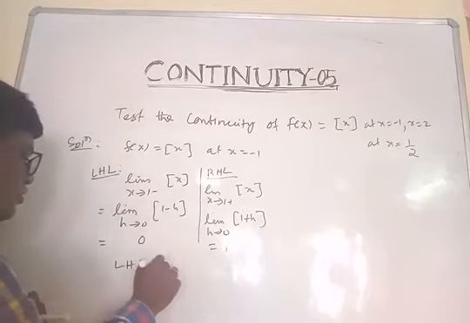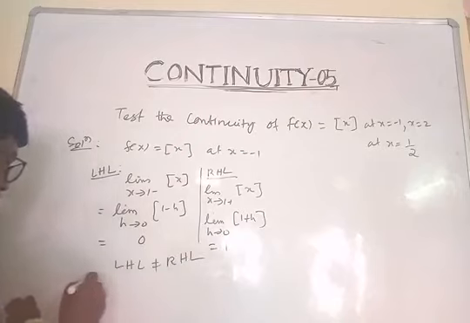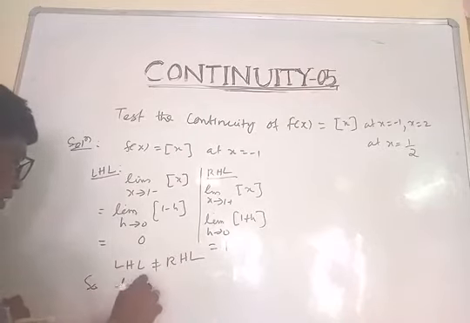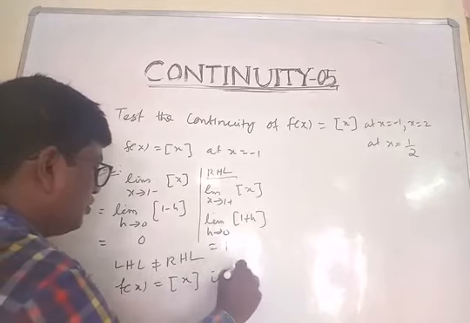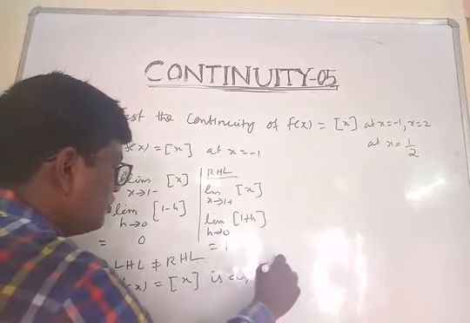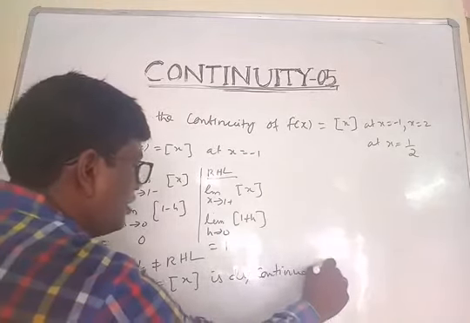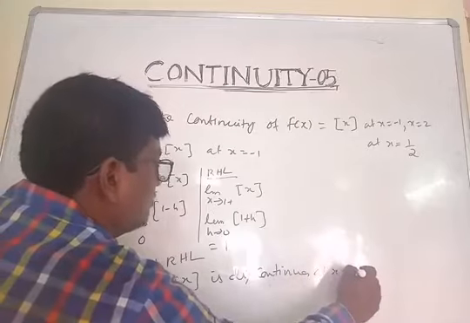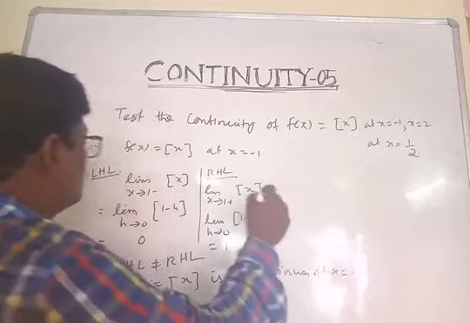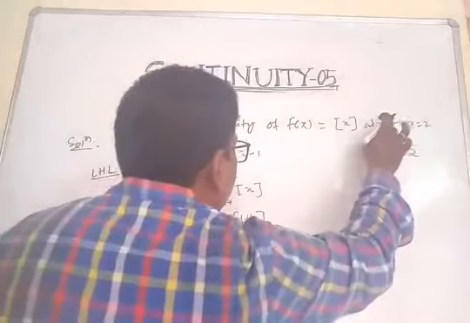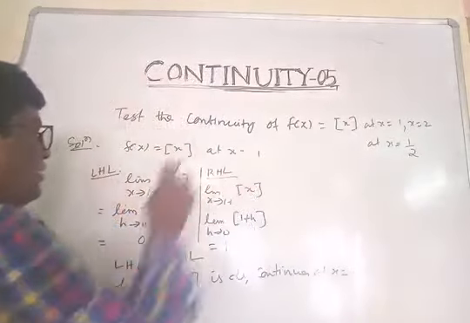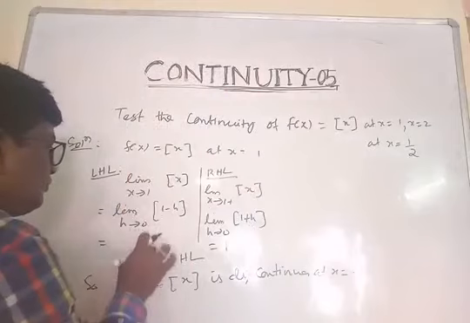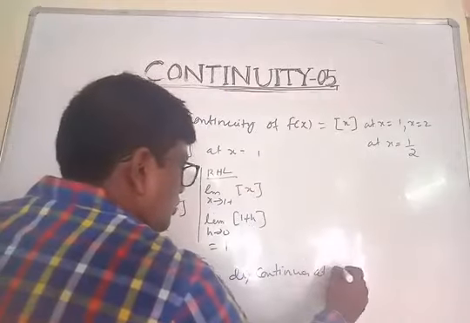LHL not equal to RHL, so f of x is equal to bracketed x is discontinuous at x is equal to 1.